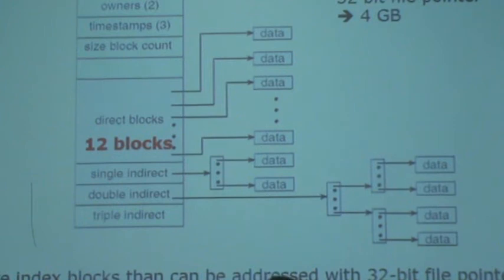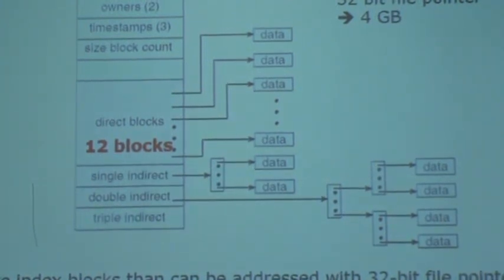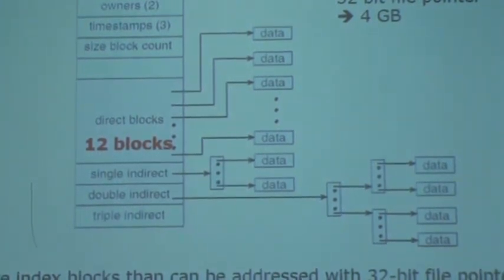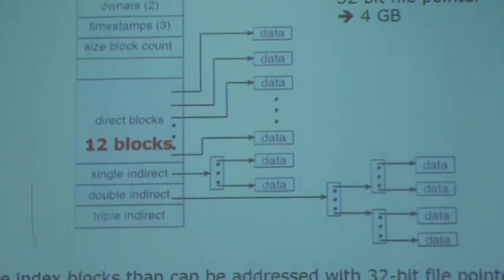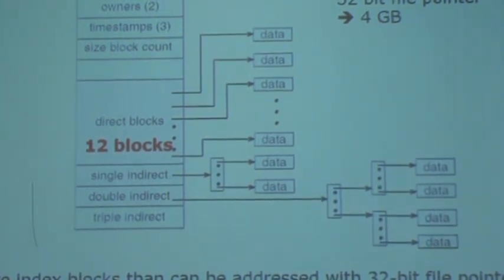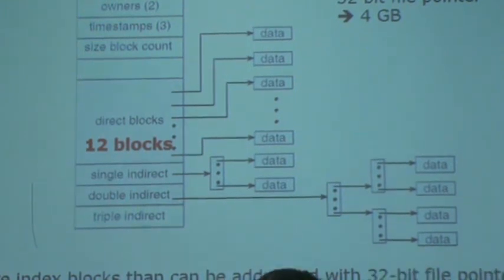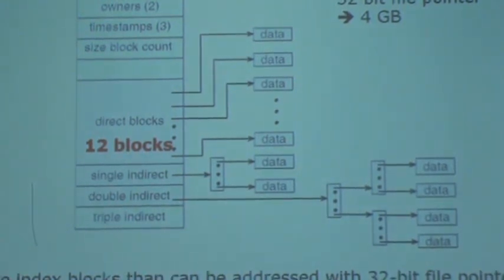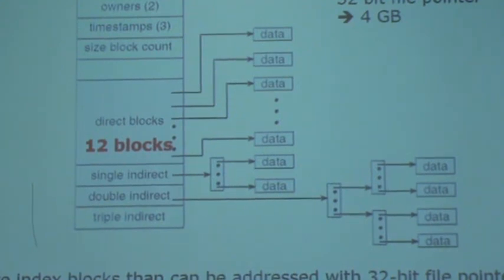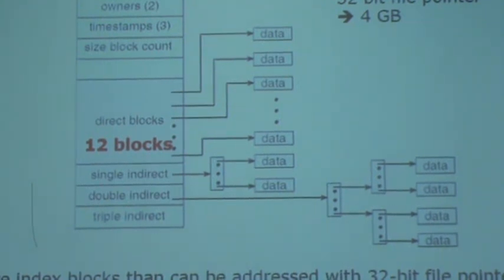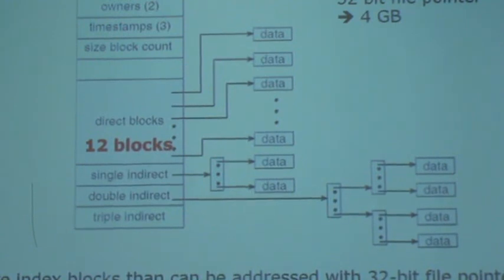In total, this inode using the 4K block size, in 32-bit processing, can manage 4 GB. That is the reason in the Unix system, with a 32-bit processor, you can create a file of up to 4 GB. What about Windows?